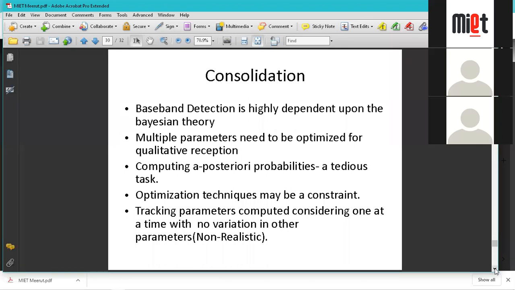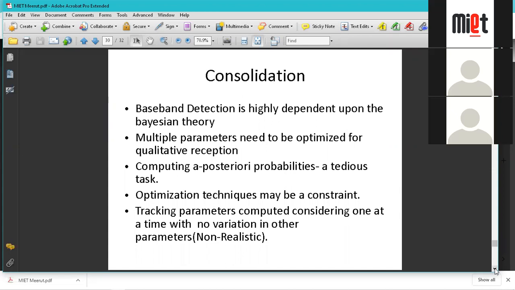So let's try to consolidate in short. We have understood that we learned baseband detection, but it is highly dependent upon the statistics. Statistics is extremely important in case we wish to design novel kinds of receivers.